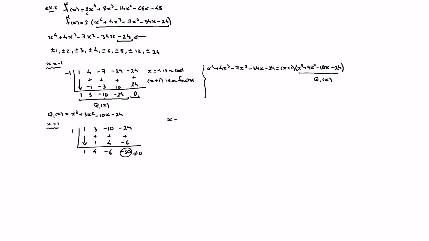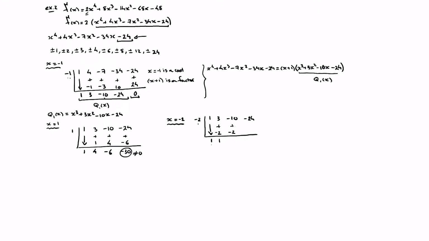We'll try x equals negative 2. So our coefficients again were 1, 3, negative 10, and negative 24. And we're evaluating this at negative 2. We carry down the 1. Negative 2 times 1 is negative 2. 3 plus negative 2 is 1. Negative 2 times 1 is negative 2.